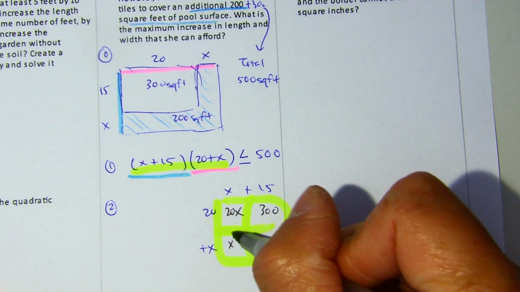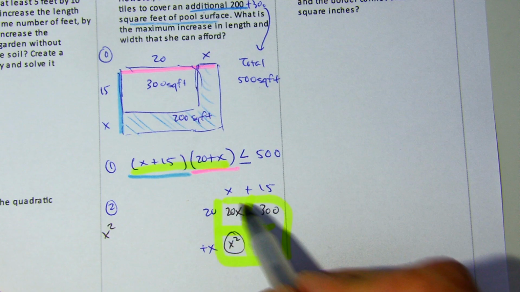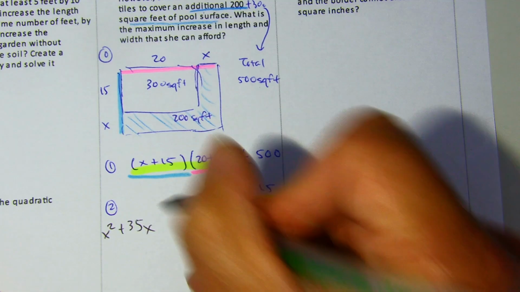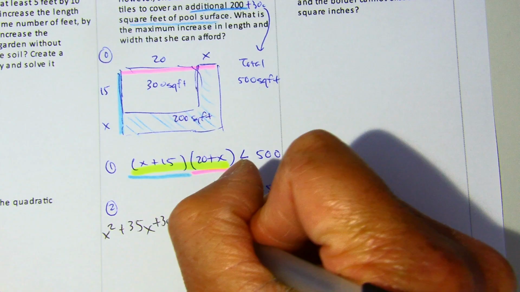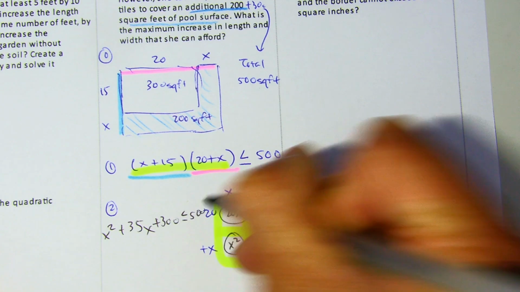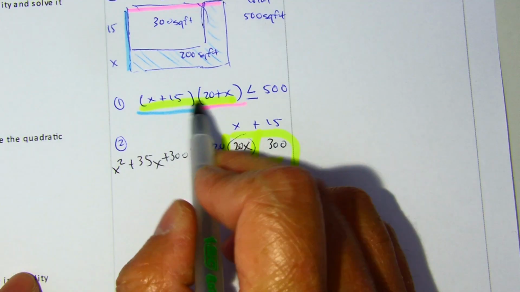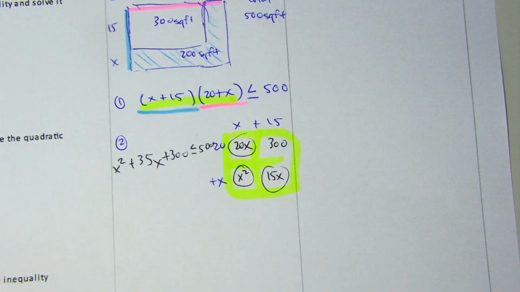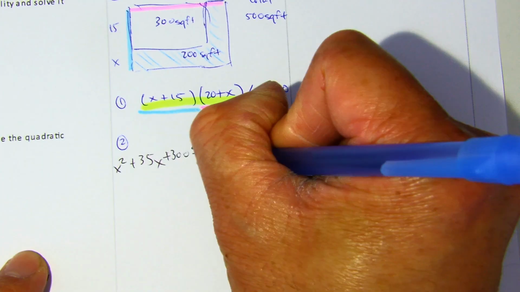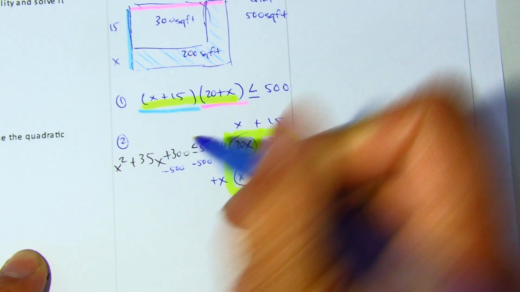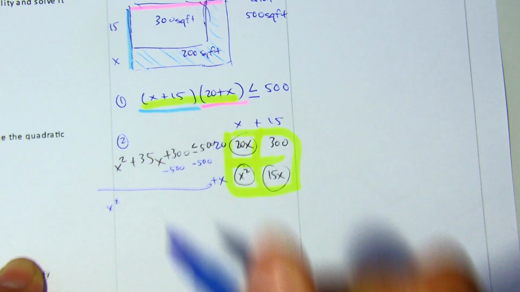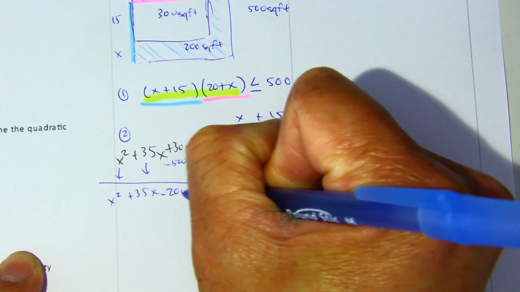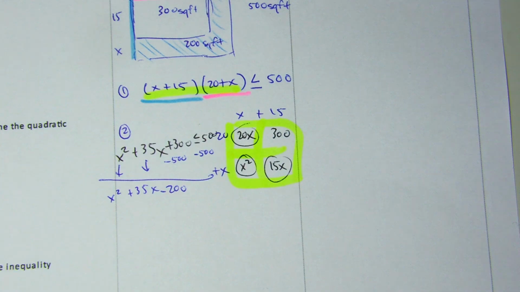So I have x squared, this is 35x, plus 300 is less than or equal to 500. So all I did there was double distribution, FOIL, multiplying. Okay, now I want to set it equal to 0, so I'm going to subtract 500 from both sides. And then I'm left with x squared plus 35x minus 200 is less than or equal to 0.